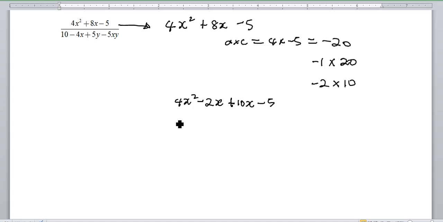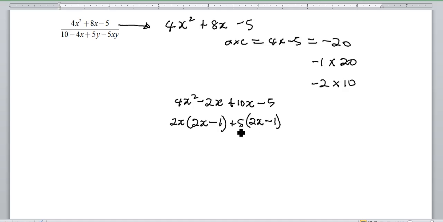These two terms will have 2x in common. 2x into 4x squared will go 2x, and 2x into itself goes 1, so that's minus 1 there. These two terms will have 5 in common. There's a plus, so plus 5. 5 into 10x goes 2x, and 5 into minus 5 goes minus 1.